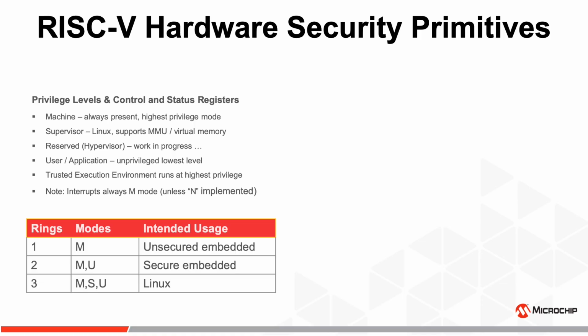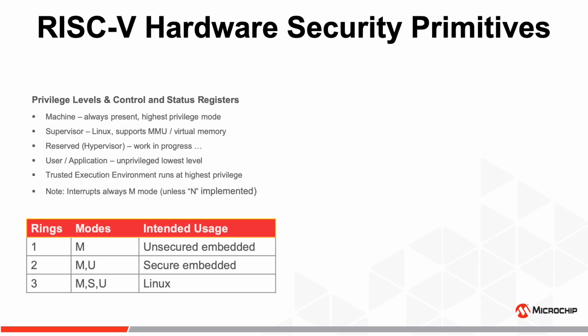And so this contract includes these clauses. One is the privilege levels. Nothing new to RISC-V. RISC-V has 4. One is called machine, the highest level of privilege, and it is always present in any RISC-V core. If the core has Linux, and when I say Linux, I mean a rich operating system capable of driving an MMU, that's probably a situation where the supervisor mode, or S, is included.